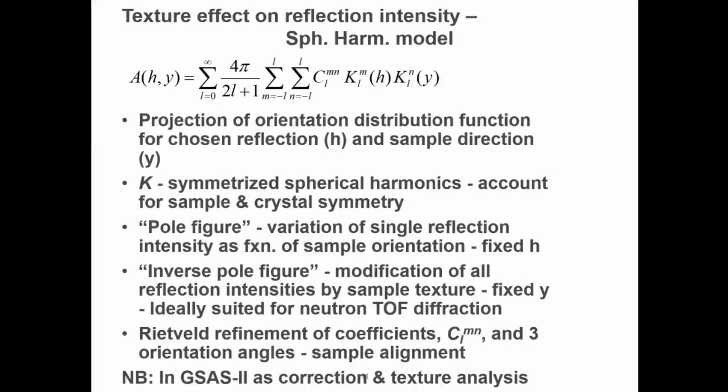The Rietveld refinement then is of these coefficients, C, multiplied in spherical harmonics terms, and a sample alignment, which is because when you put the sample on the diffractometer, you don't know exactly how you positioned it. So you have to have three variables for the omega, chi, phi for the orientation of the sample.